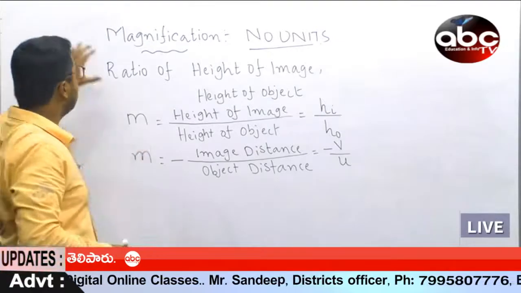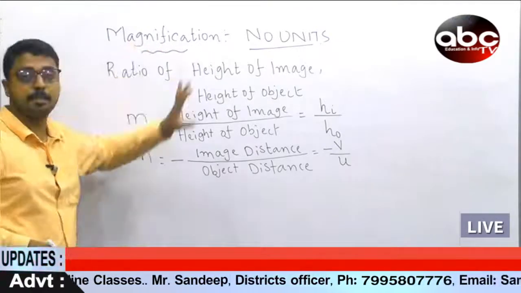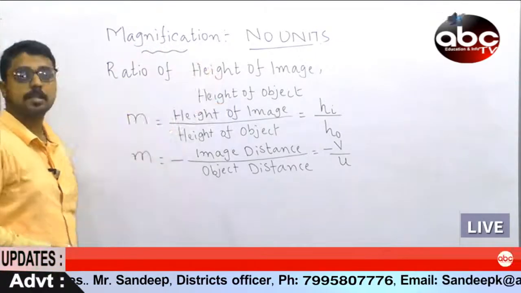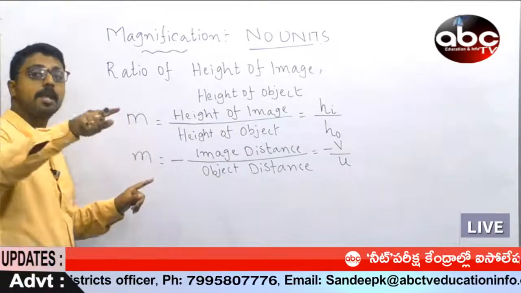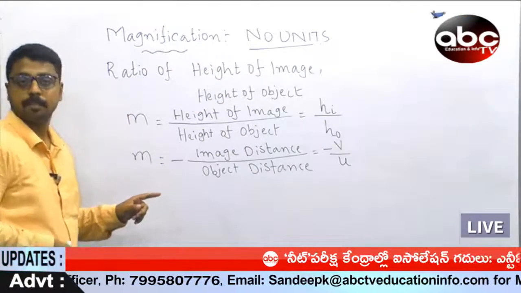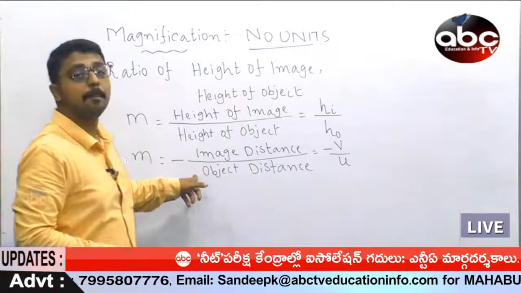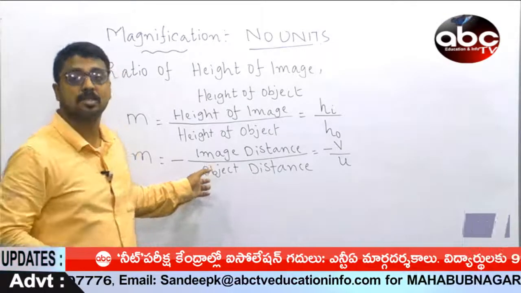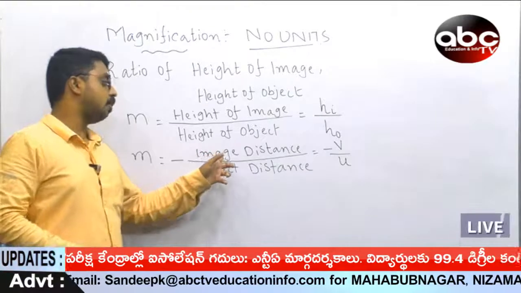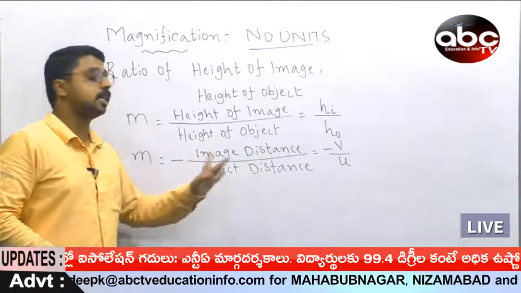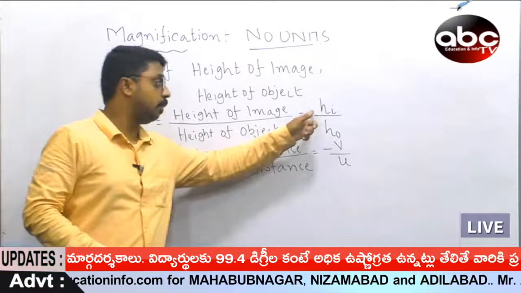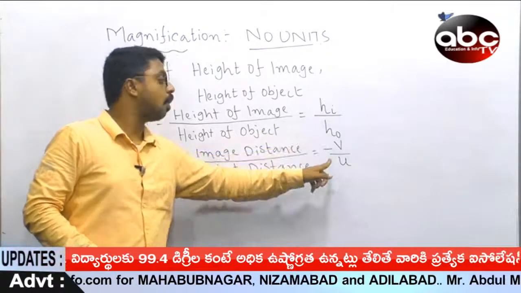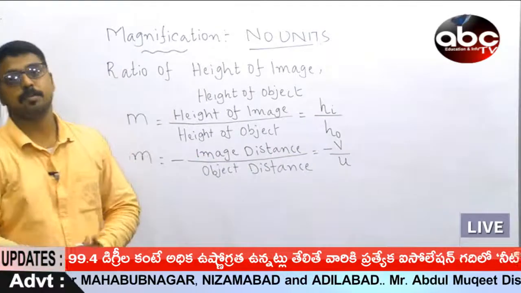A ratio of height of image to the height of object is referred to as a magnification, and it is indicated by small m. And it is also comparable in the case of distances too. That is, the ratio of image distance to the object distance is called a magnification. Its formulas are HI by HO or minus V by U.